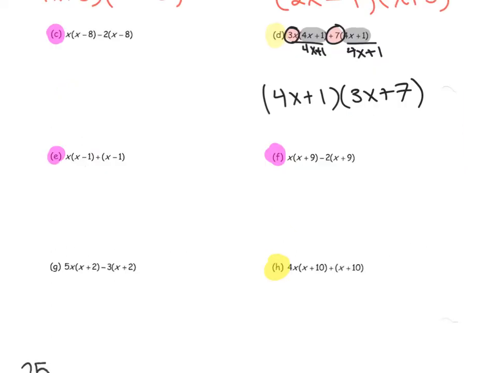Now I'm going to go through letter H with you guys, but you're going to see something very similar going on between H and E. So pay attention here. First thing I notice is that we have that x plus 10 in common. And then let's see what's remaining. I have this 4x and I just have a plus. What's really in front of the plus, guys?